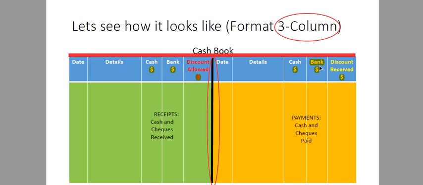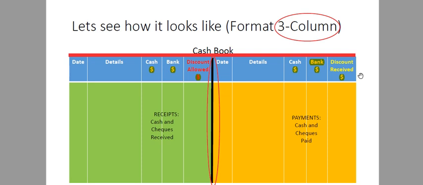Cash and bank columns work in one way, and the discount columns work in a different way. Here I'm just emphasizing that discount columns will not be treated the same way as the cash and bank columns, and how they are different we're going to see in later slides. The cash column and bank column are actually the cash account and the bank account.